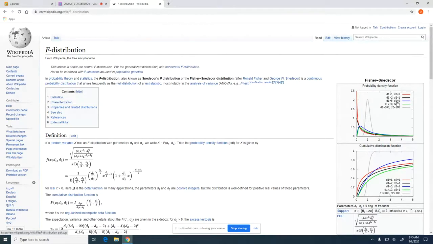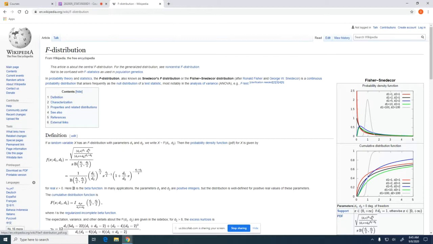And the binomial distribution needed two: n, the number of trials, and p, the probability of success. Can you remember the Poisson distribution? Poisson needed lambda, which was the mean. So each statistical distribution needs some parameters. The F distribution needs two parameters.